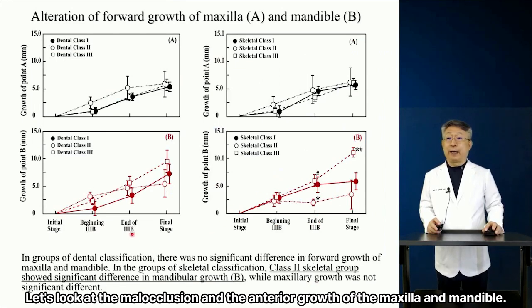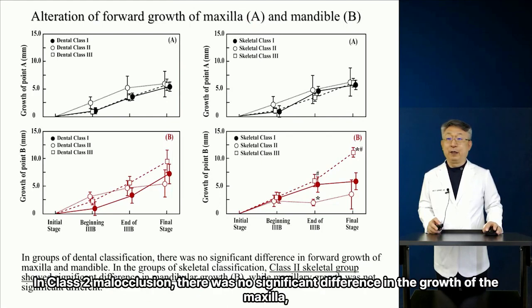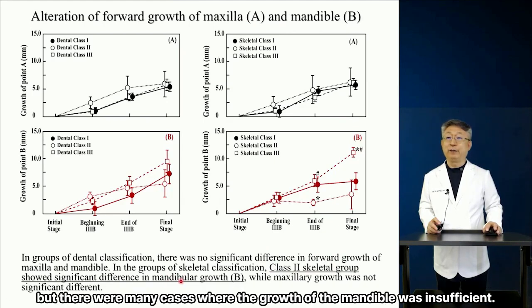Let's look at the malocclusion and the anterior growth of the maxilla and mandible. In class 2 malocclusion, there was no significant difference in the growth of the maxilla. But there were many cases where the growth of the mandible was insufficient.